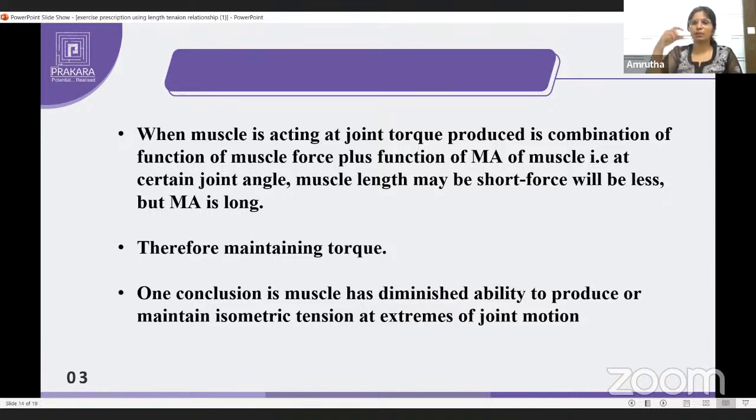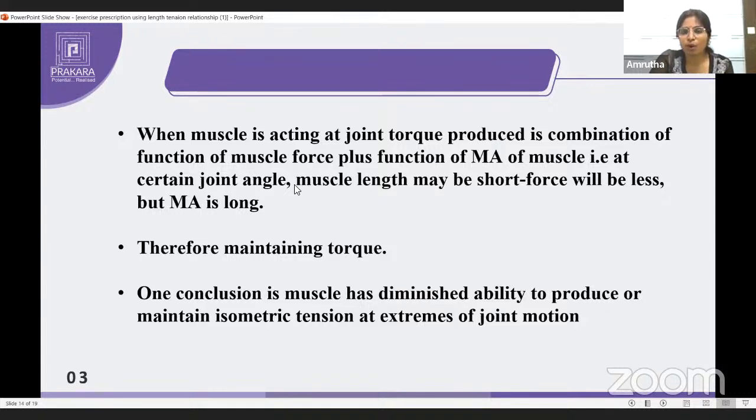Torque is nothing but whenever two parallel forces are working on the same object around the fulcrum, it creates a rotational force, like how I open a tap or a bottle cap. What is moment arm? The distance from the joint axis till its projection line, I can consider that as moment arm.